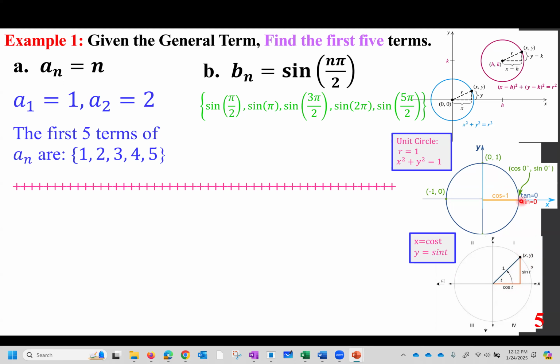So let's start with 0 and see what happens here. This one has coordinates (1, 0), therefore cosine of 0 degrees is 1, sine is 0.